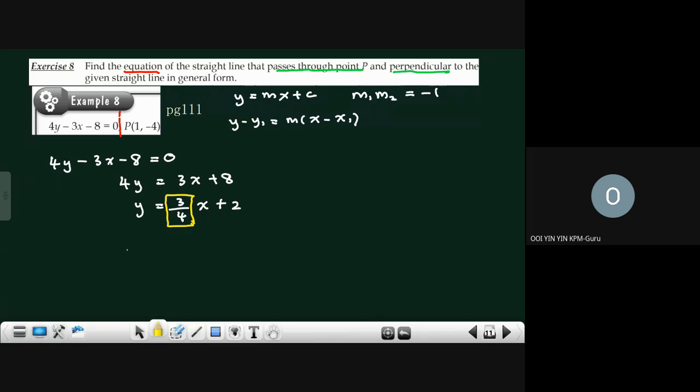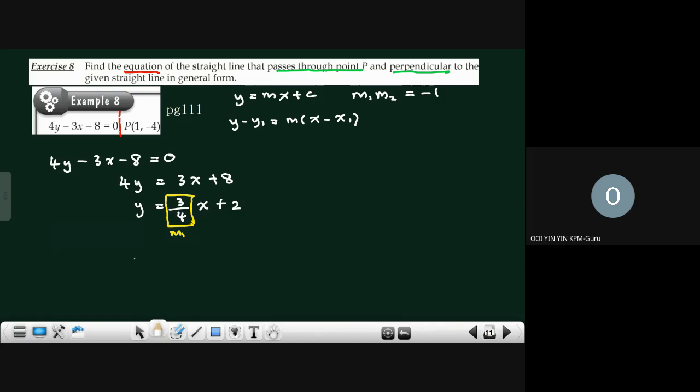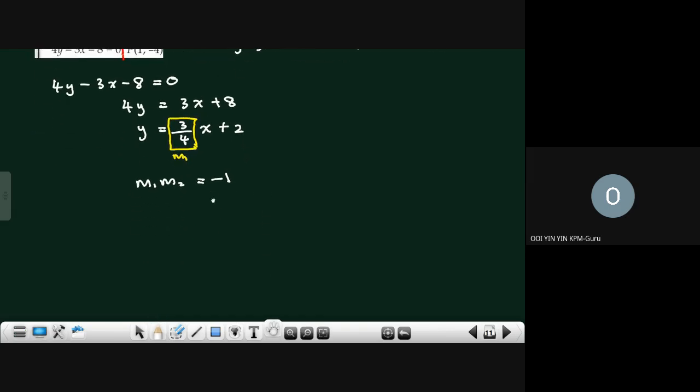Like, let's say this is your m1, and the one that we want to find is m2. So m1 multiply m2 will equal to -1. Remember this, okay? And then we put in our m1 that you got just now, 3 over 4, and m2 is the gradient that we want, and then multiply 2, because perpendicular, they will equal to -1.